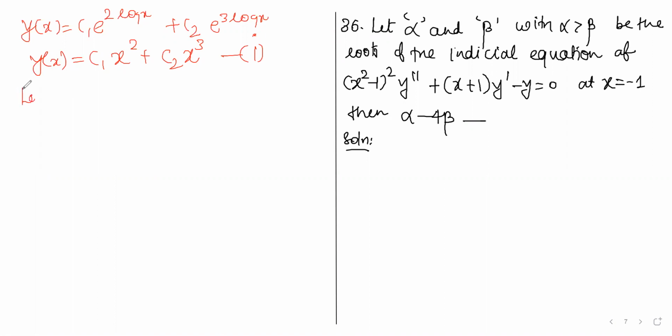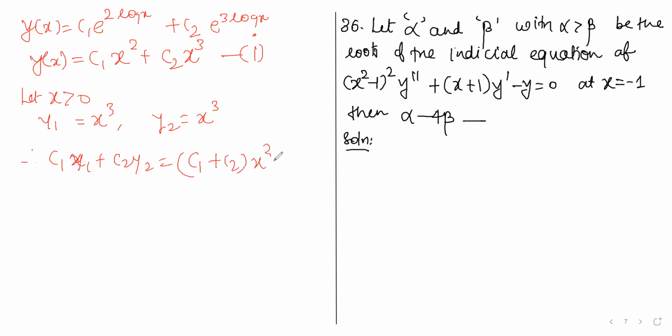Suppose x is positive. Then what will be my y1? x cube. What will be my y2? It will be again x cube. So take the linear combination c1 y1 plus c2 y2 equal to 0. This implies c1 plus c2 times x cube equals 0, but x cannot be 0, so c1 plus c2 has to be 0.